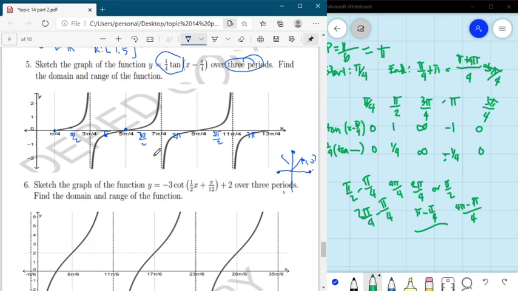As we can see, our domain here is the set containing x, wherein x must not be equal to, where there is a vertical asymptote, 3 pi over 4, right? So, 3 pi over 4 plus k pi. That is your period.